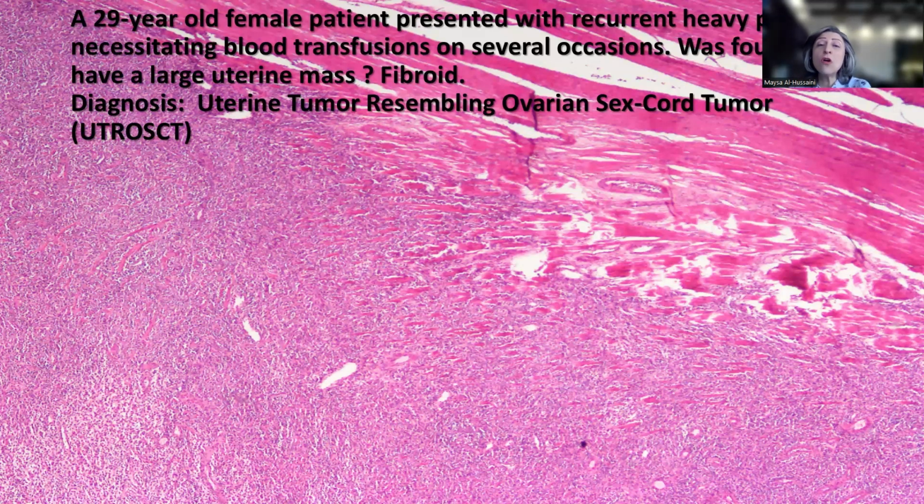Of course, because of the low-grade appearance of the tumor and the endometrium being unremarkable, the possibility of carcinosarcoma is completely ruled out.